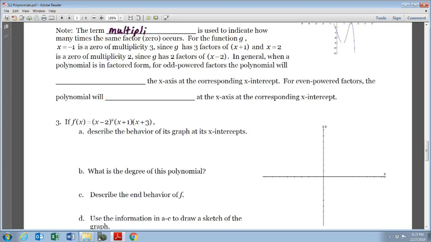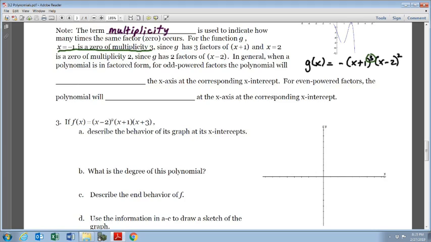The term multiplicity is used to indicate how many times the same factor or 0 occurs for a polynomial. For the function g, let me go ahead and put g down here. X equals negative 1 is a 0 of multiplicity 3. That's because of the exponent there.